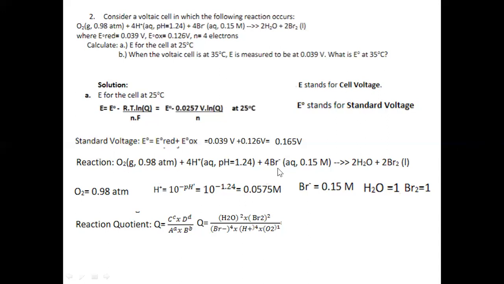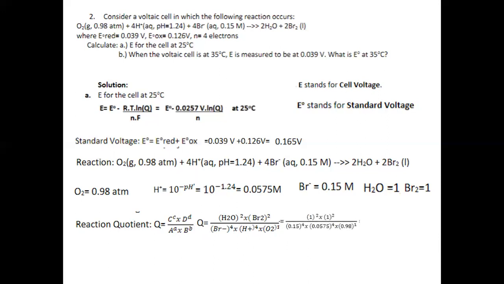So for bromine ion, Br minus is raised to 4 with a balanced coefficient of 4, times the hydrogen ion, which is raised to 4 as well, multiplied with the oxygen gas. Since the balanced coefficient is only 1, this is also raised to 1.